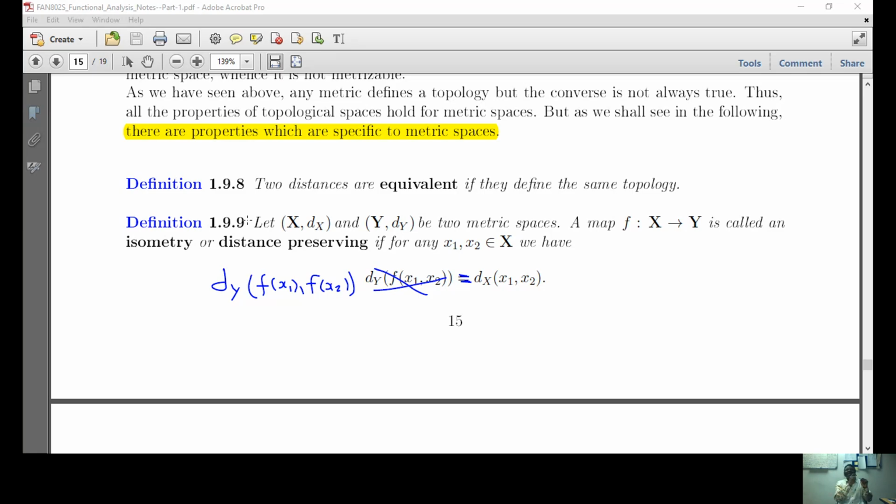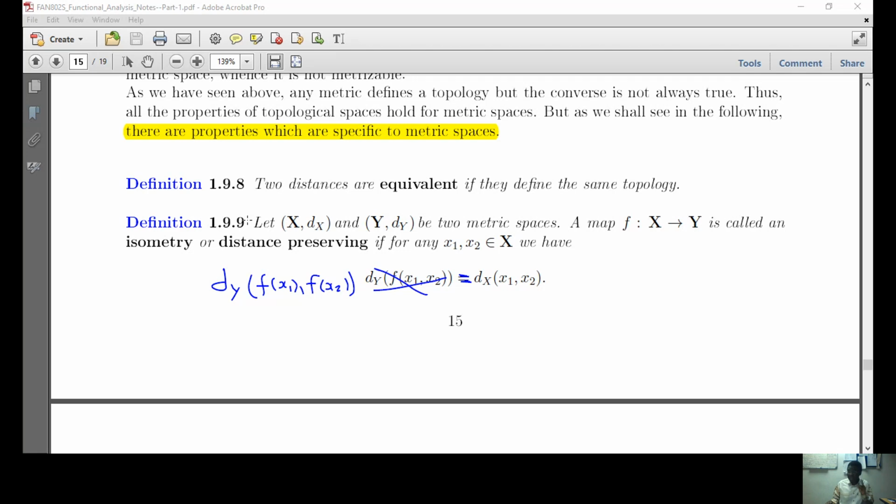So if this is true for any two arbitrary points in X, then we say that f is an isometry, because it will not deform or modify the distance that these two points had in the source space. I can call the first the source space and the other one the transform or the destination space.